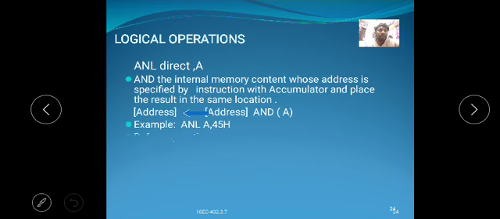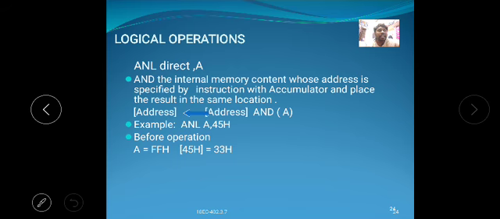ANL direct, A: AND the internal memory content whose address is specified by the instruction with the accumulator and place the result in the same location, that is address AND A register.